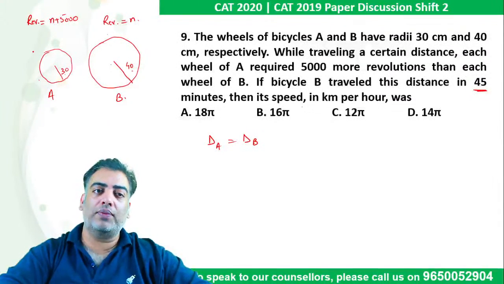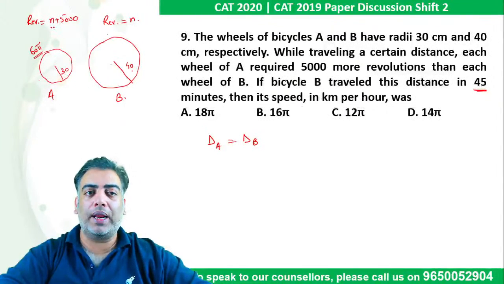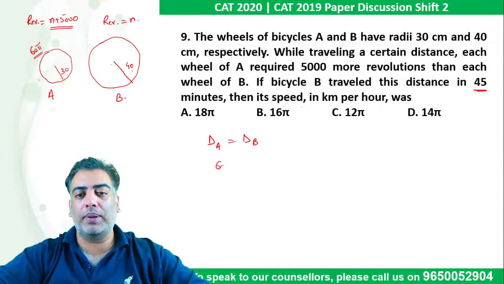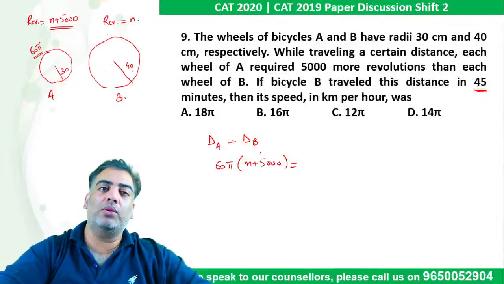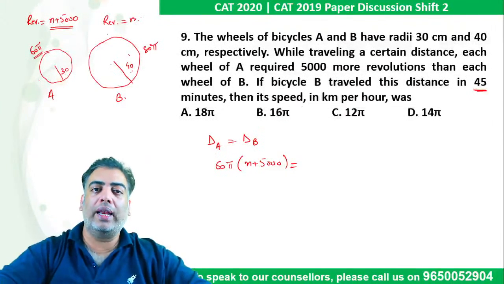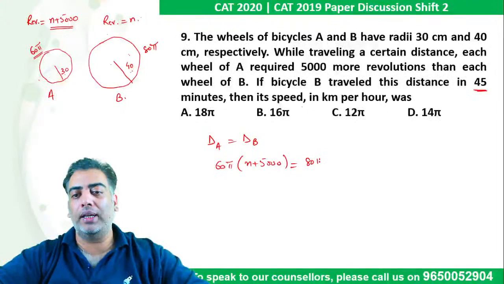So circumference comes out to be 60 pi. In one revolution, multiply by total number of revolutions gives me the total distance covered by A, which is 60 pi into n plus 5,000, which is equivalent to the distance covered by B. In one revolution, it will cover 2 pi r, which is 80 pi. So in n revolutions, it will be 80 pi into n.